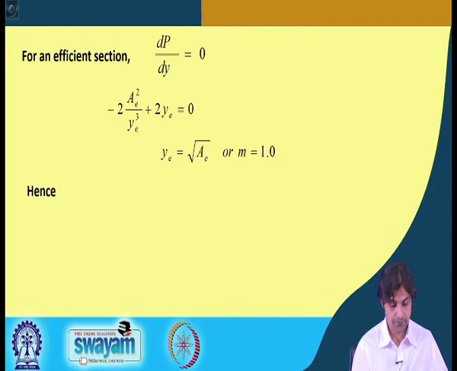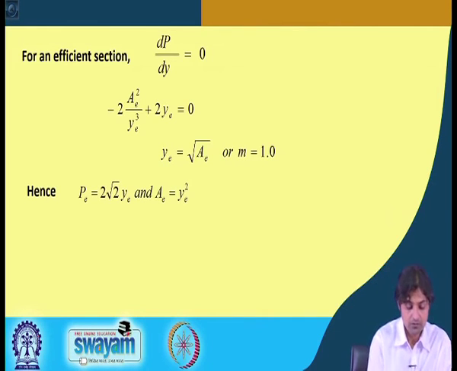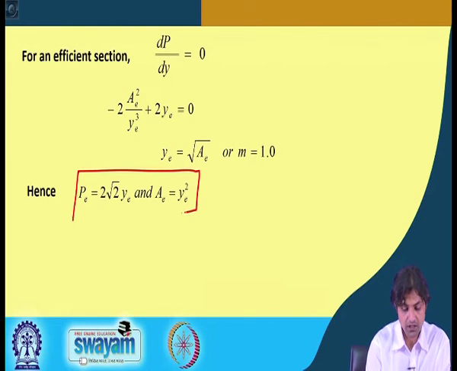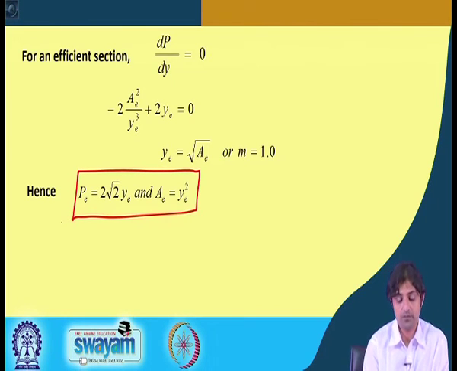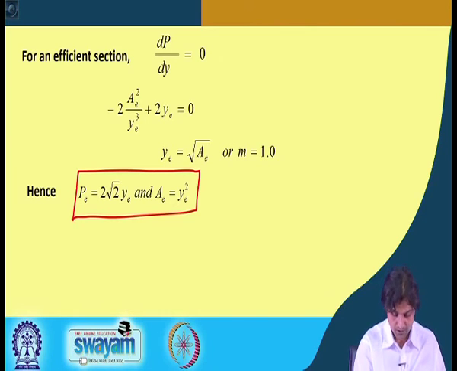Hence, P is going to be 2 under root 2 y, or A is equal to y square. Because y is under root A, or A is y square. So, in terms of perimeter, you go back.